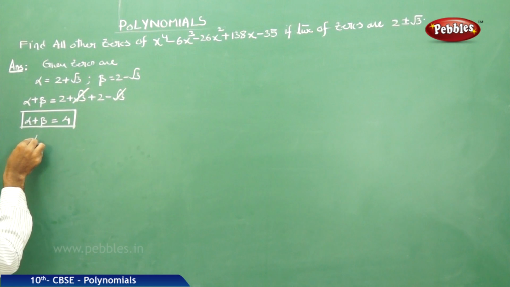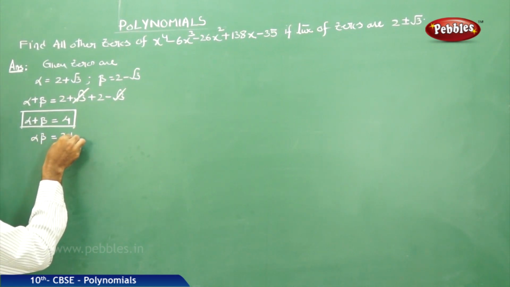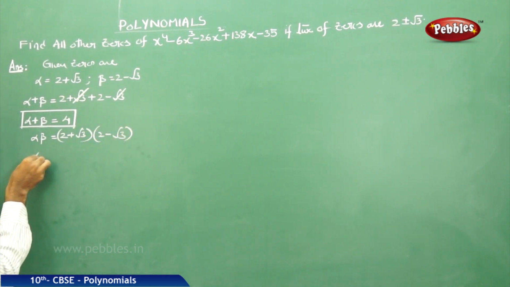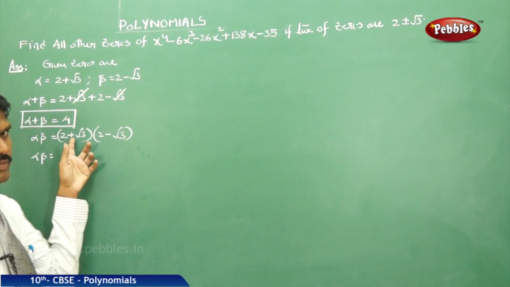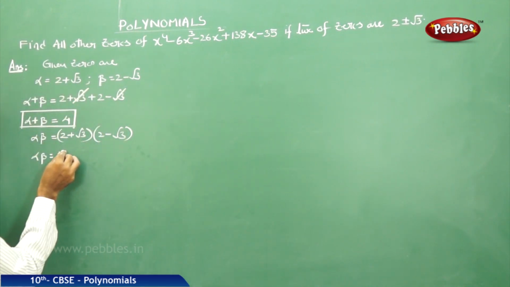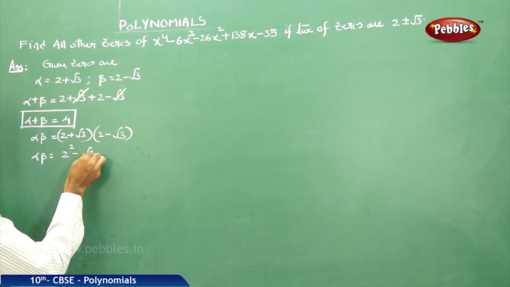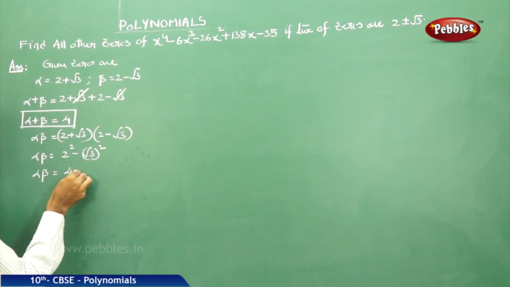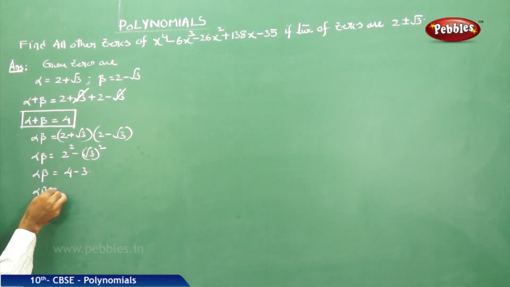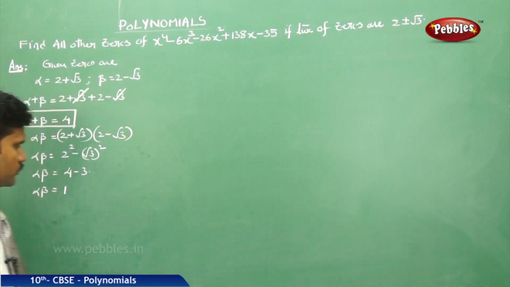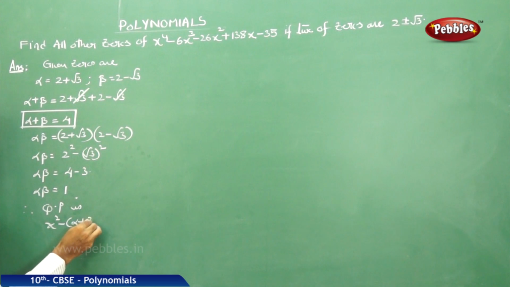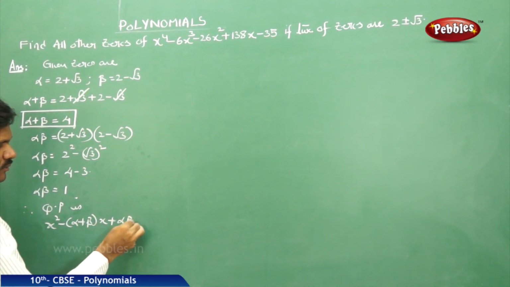Next, alpha beta is equal to 2 plus root 3 into 2 minus root 3. That is alpha beta is equal to a plus b into a minus b, which will give you a square minus b square. That is 2 square minus root 3 whole square. That is alpha beta is equal to 4 minus 3. Alpha beta is equal to 1. From the above information, therefore, the quadratic polynomial is x square minus alpha plus beta into x plus alpha beta.